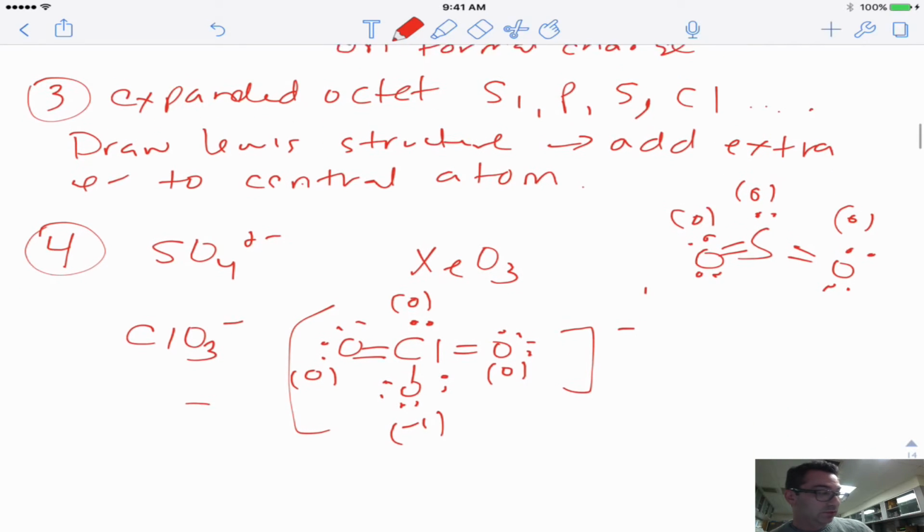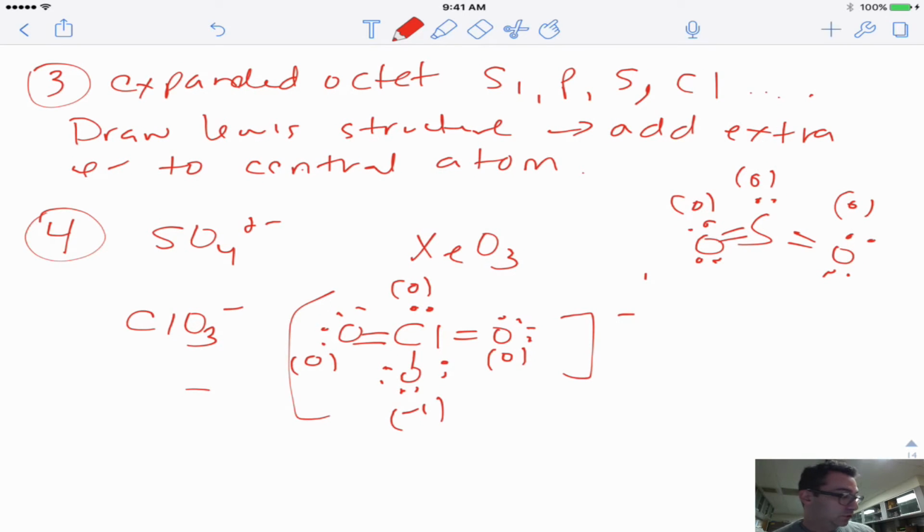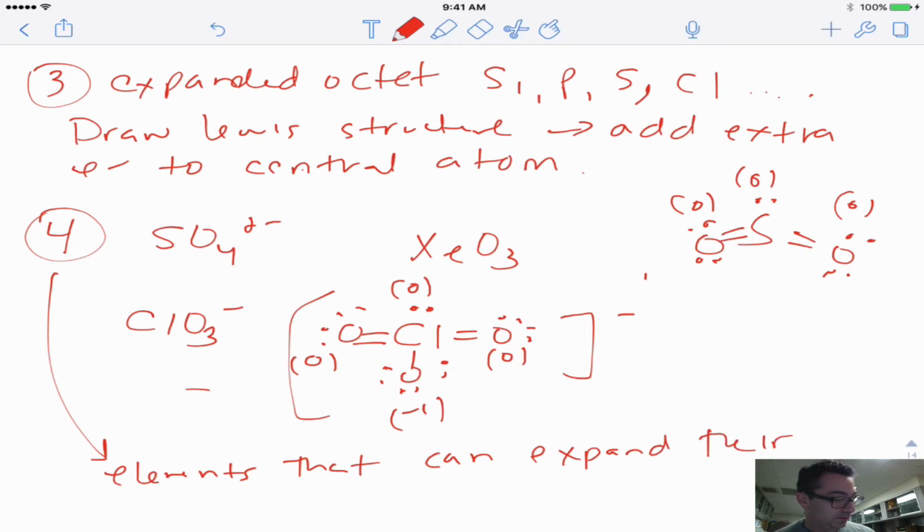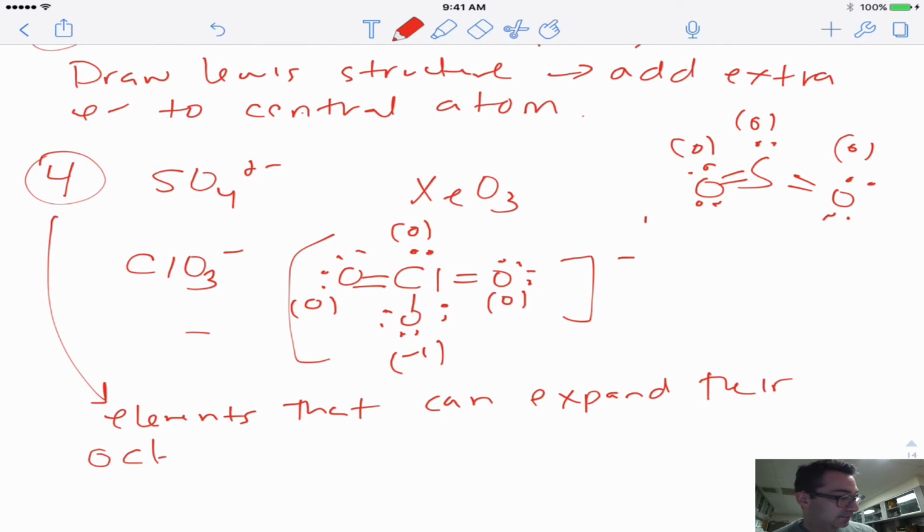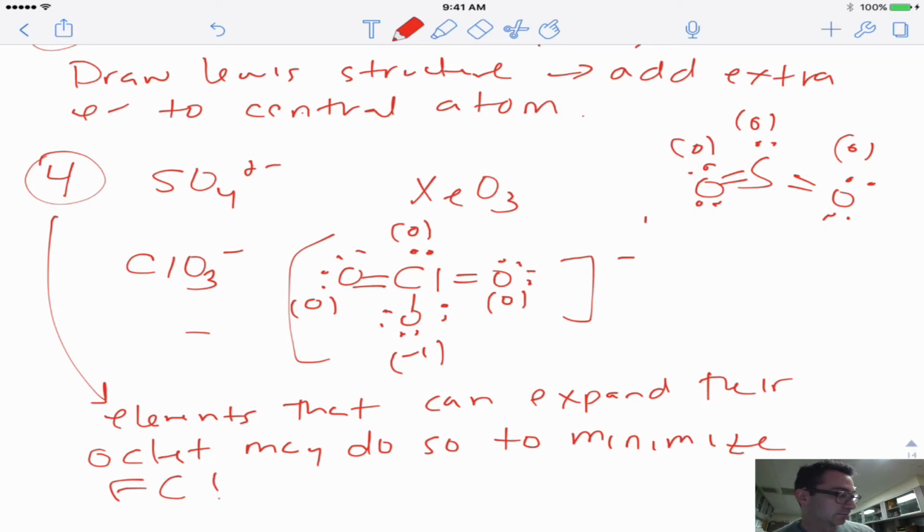So, when we look at formal charges, elements that can expand their octet may do so to minimize formal charges. We see it a lot with sulfur, but we see it with other elements as well.